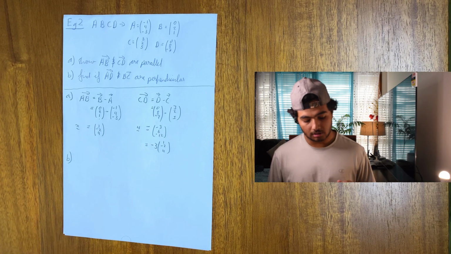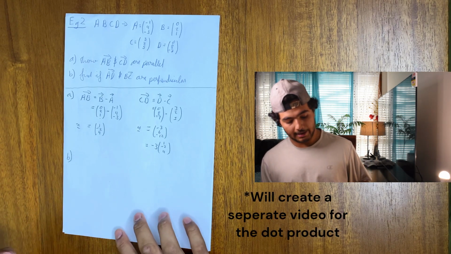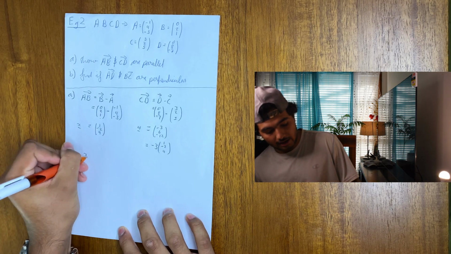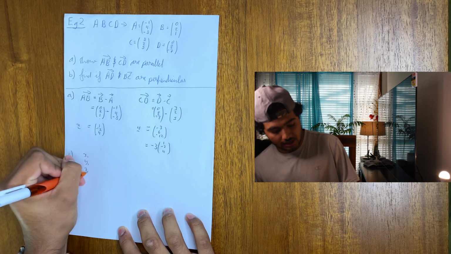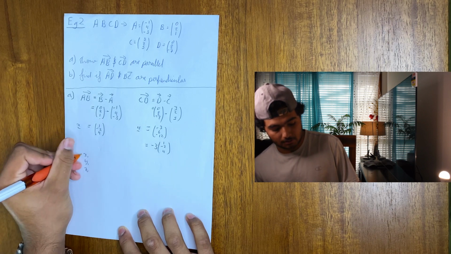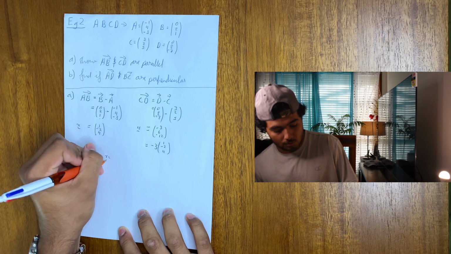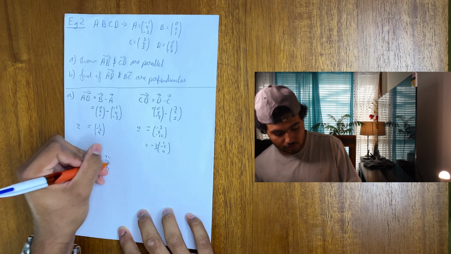Dot product is basically, let's just say we have x1, y1, z1 is vector 1, and the other vector is x2, y2, z2.